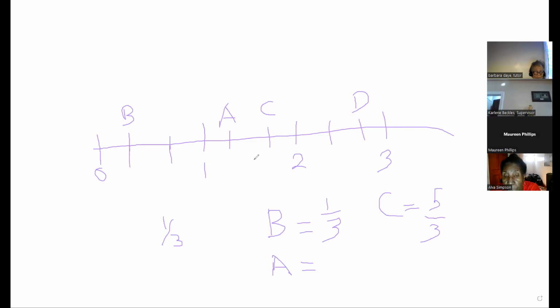So 1 and a 1/3. What is 1 and 1/3? We're talking thirds here. So 1 is 3/3, and this hash mark is 1/3.